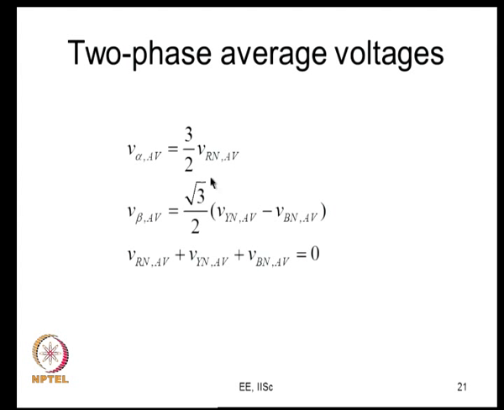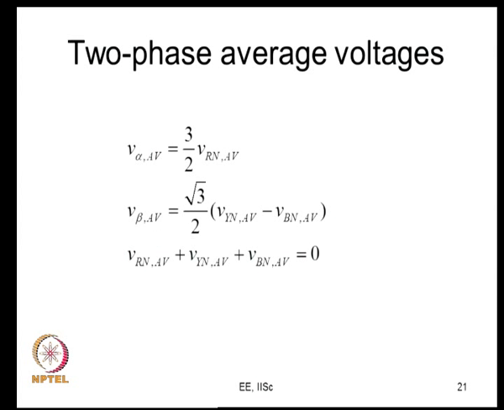Now, you do your space vector transformation on VRN average, VYN average and VBN average. This gives you what is called V alpha average and V beta average. These are the components of the voltage space vector of the average vector.